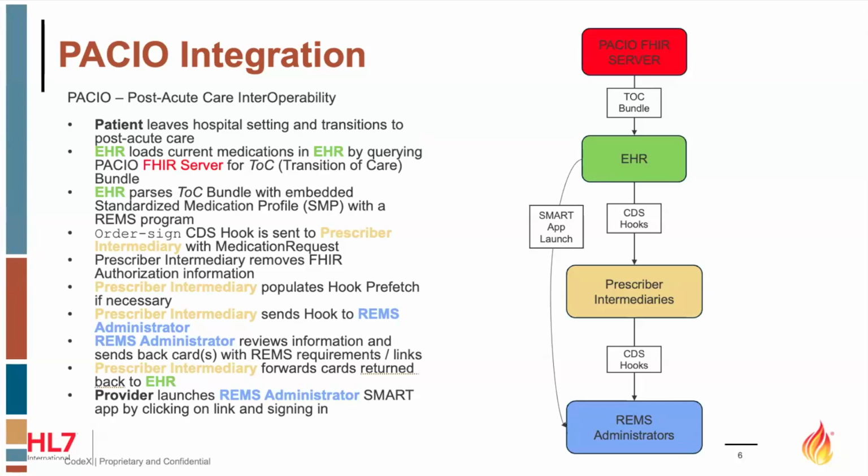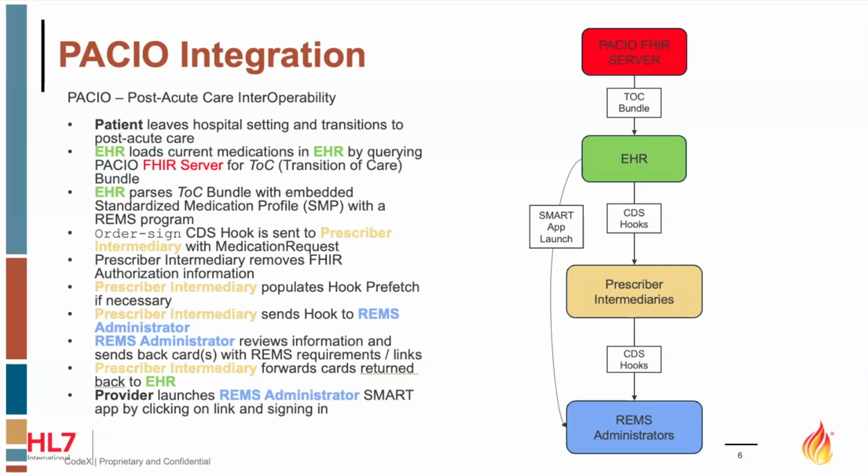Within there, it's parsed by the EHR and finds that there are some medications that have a REMS program and may need to be updated, and this prescriber needs to be updated as the doctor that's responsible for prescribing this medication.